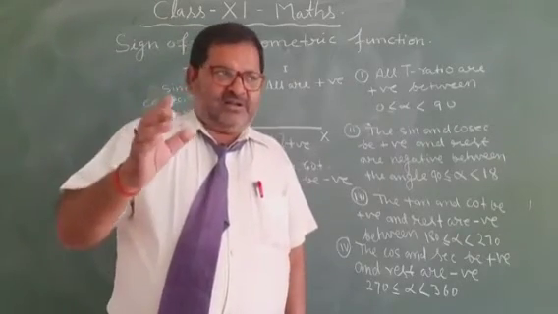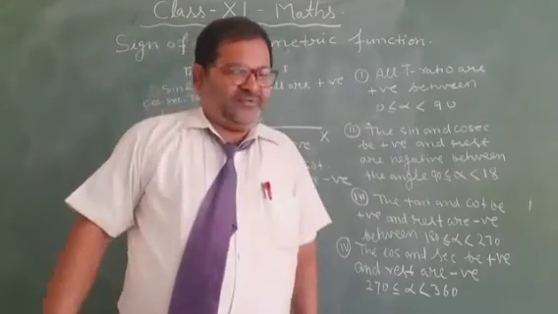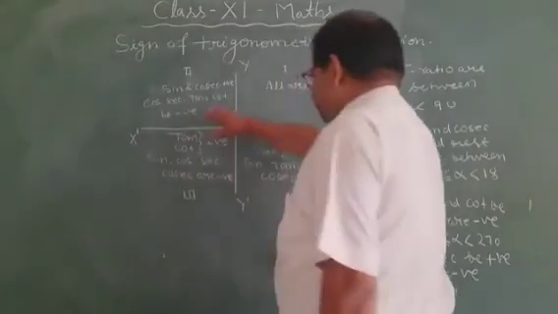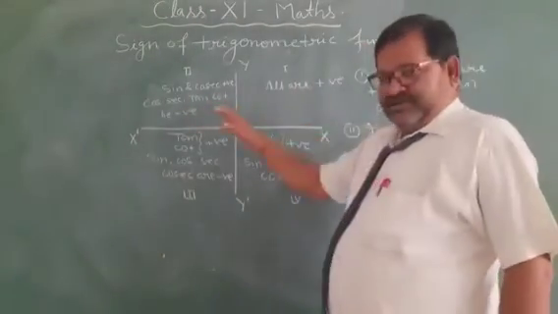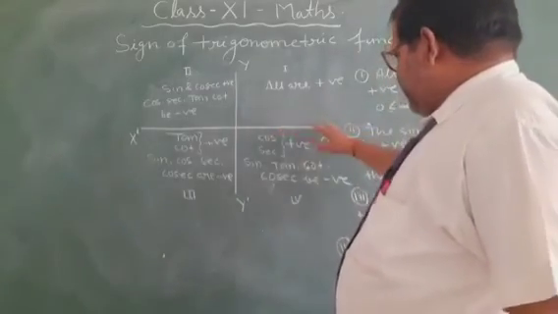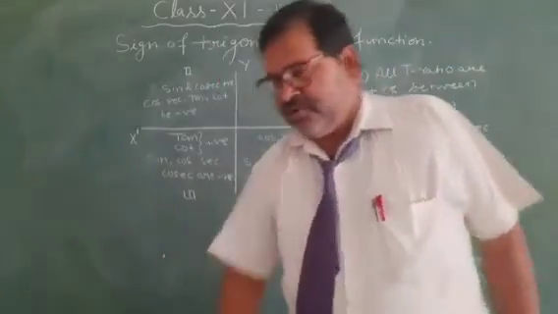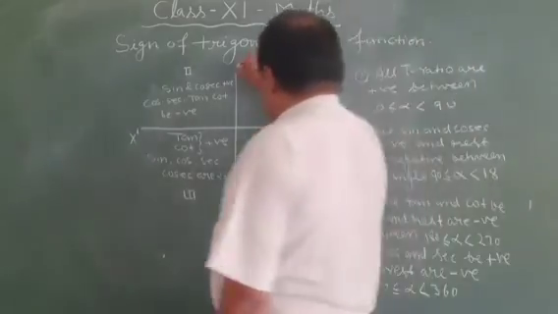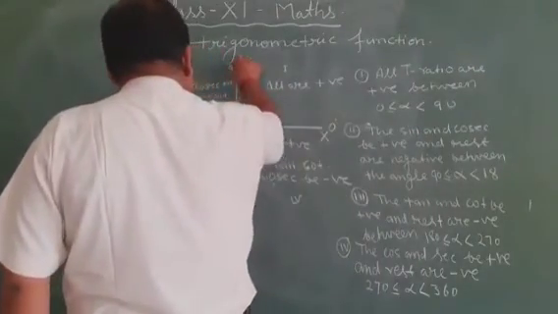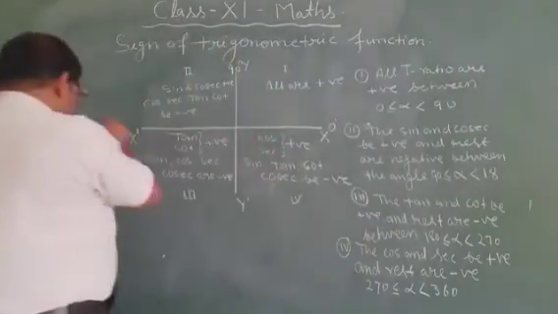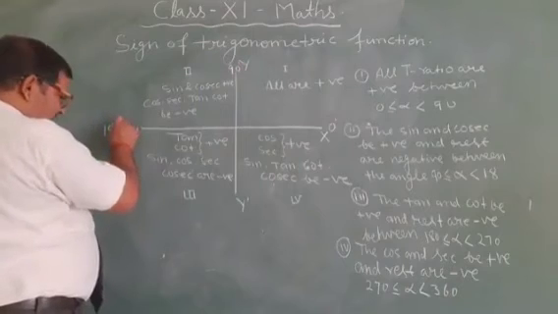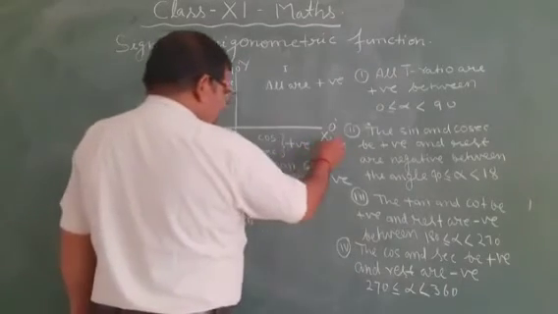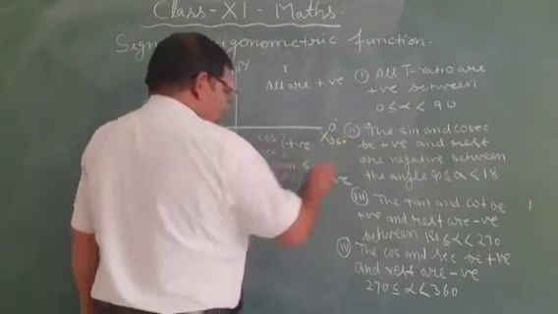This is the sign convention of all the trigonometric functions in their coordinates. First coordinate: angle 0 to 90; then 90 to 180, 180 to 270 and 270 to 360.